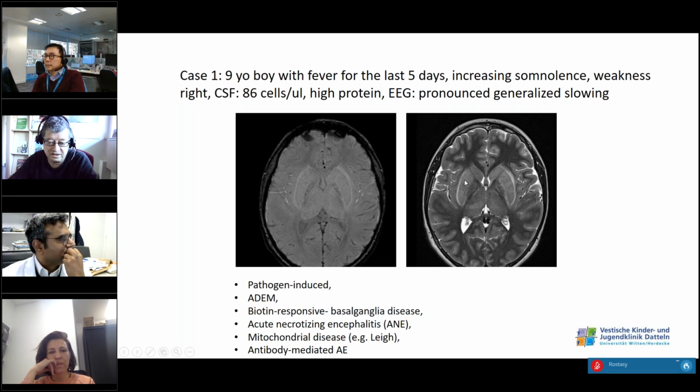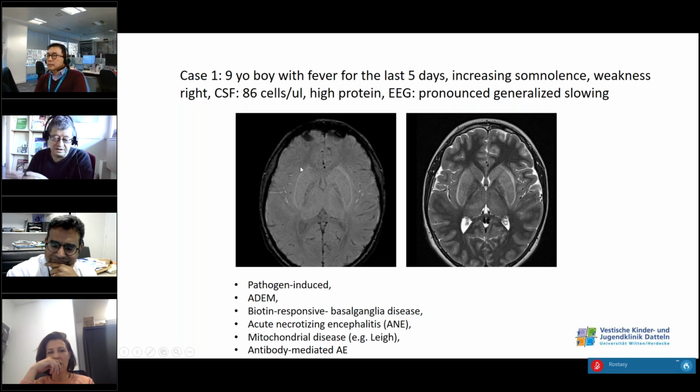It is like somebody has drawn them with a ruler and a pencil. There are mild basal ganglia changes in the thalamic structures, so that was the initial diagnosis. ADEM I wouldn't call it because of the missing white matter involvement, but acute necrotizing encephalitis, Leigh syndrome, or a pathogen-induced disease.